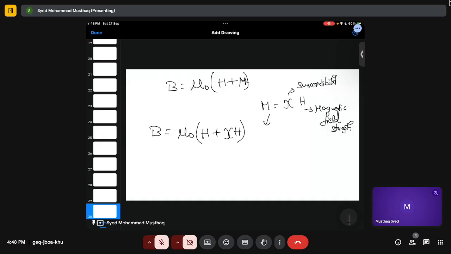Now, if our material is a paramagnetic material, our susceptibility will be much less than 1. So B will be simply equal to mu naught H, and H will be equal to B by mu naught.